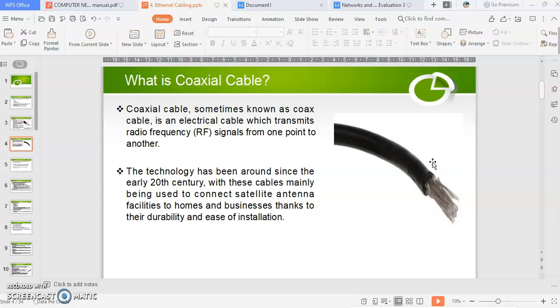The technology has been around since the 20th century. These cables are mainly being used to connect satellite antennas. That's the reason why ang mga facility mismong dagko nato, they use coaxial cable. Paglabay sa dakong internet, paglabay sa ilang mga satellite, they use coaxial cable.